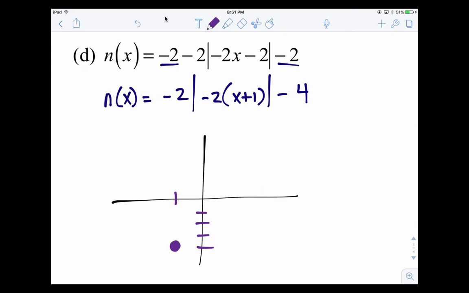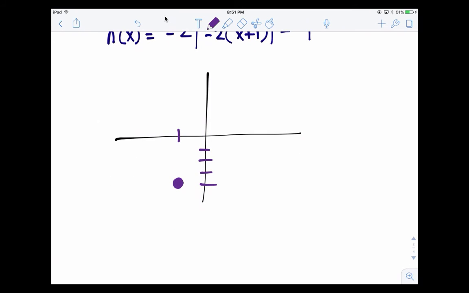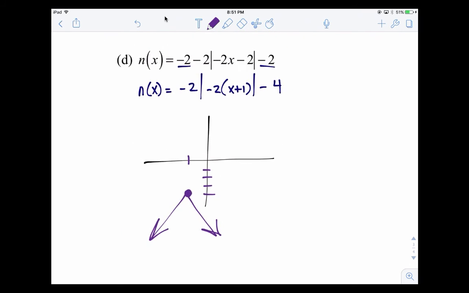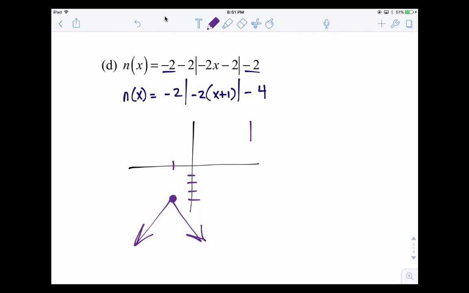Now, because of your x-axis reflection, it's going to open downwards, kind of like that. So your domain would be all real numbers because it's an absolute value, and then your range would go from negative infinity to -4.